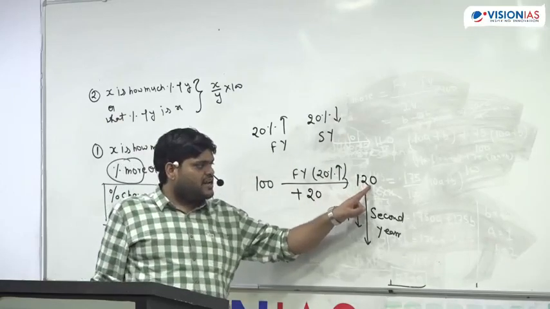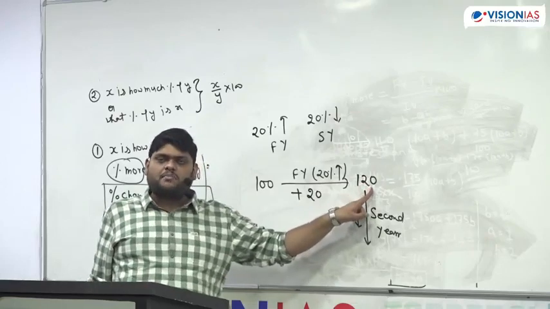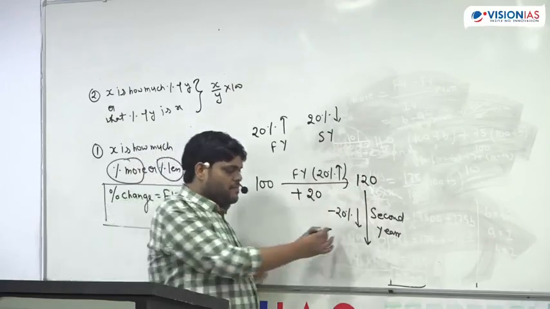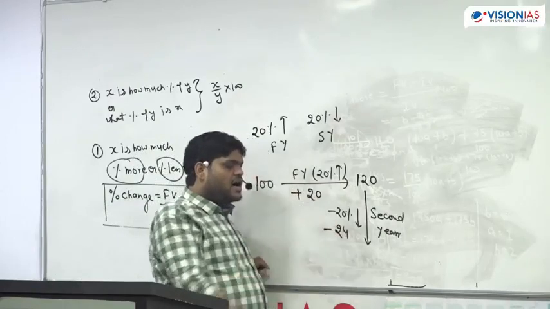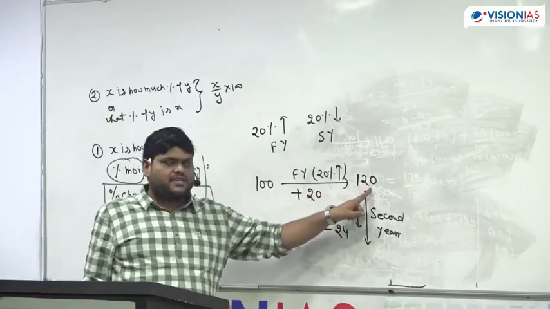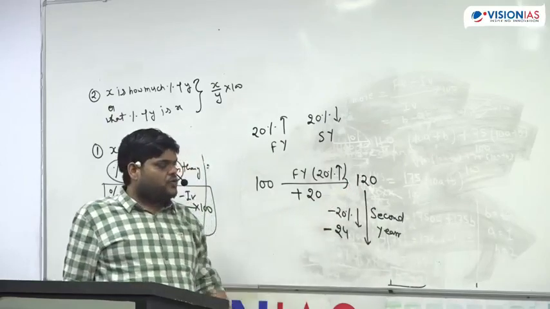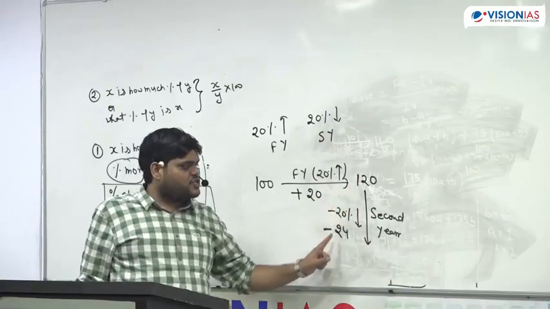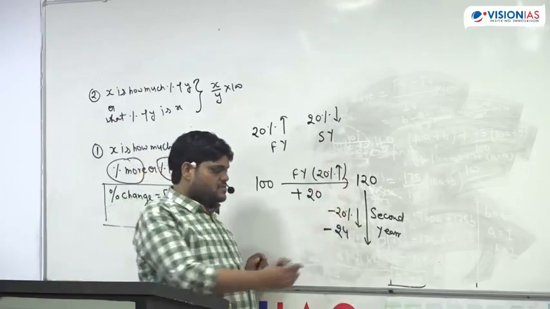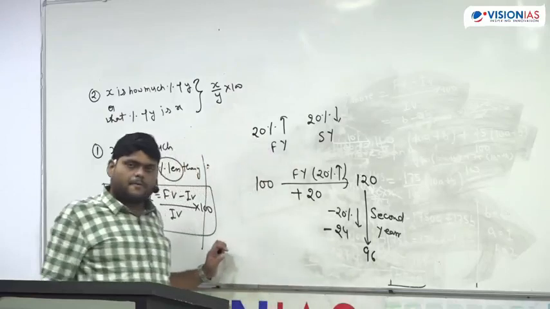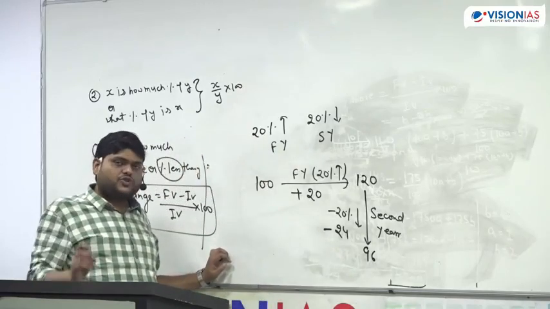So see here, 10% of this number is 12. 20% of this number becomes 24. So when I decrease 24 out of this, now this becomes 96.